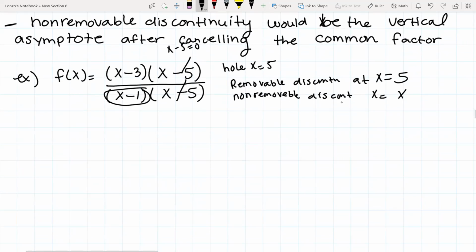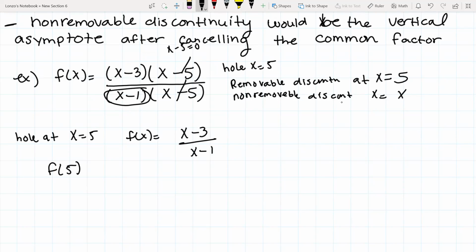If you were to graph this rational function, you know you have a hole at x equals 5. Our new function after we cancel the x minus 5 is x minus 3 over x minus 1. Then let's find the y value of the hole. To do that, you plug 5 into the function. That's 5 minus 3 over 5 minus 1.